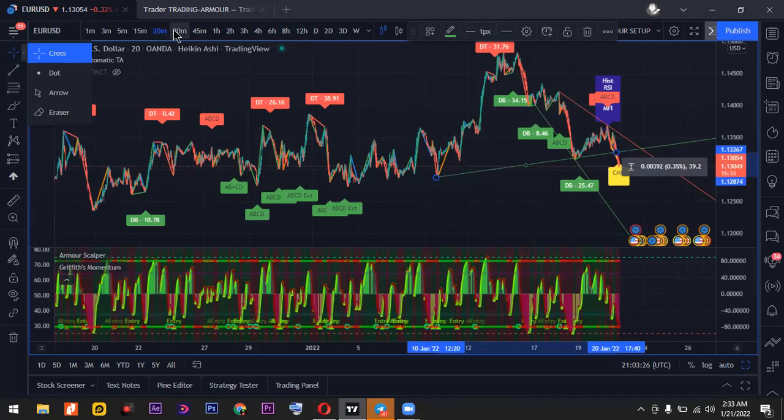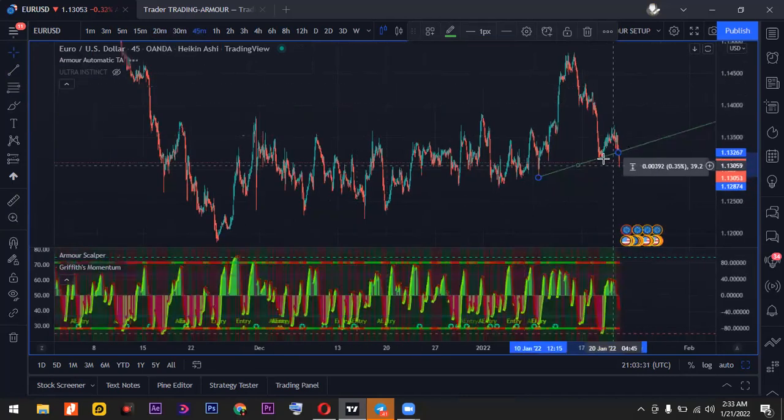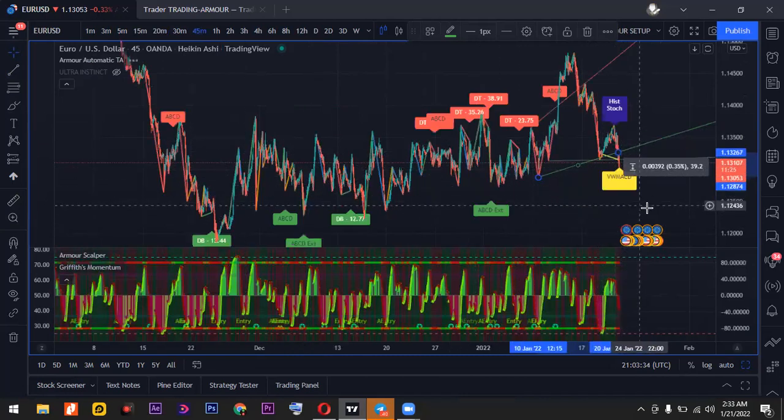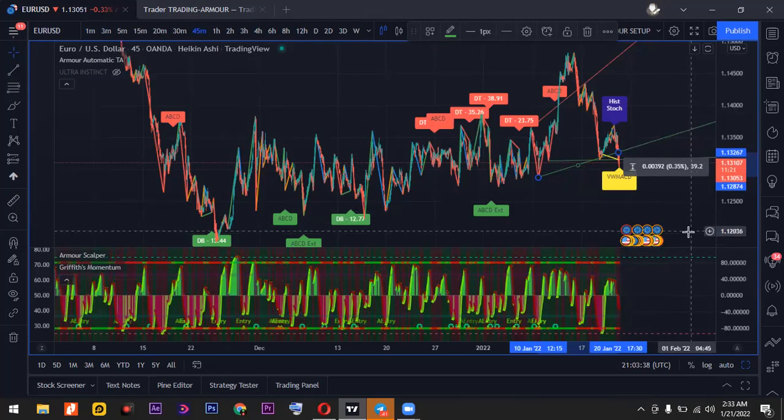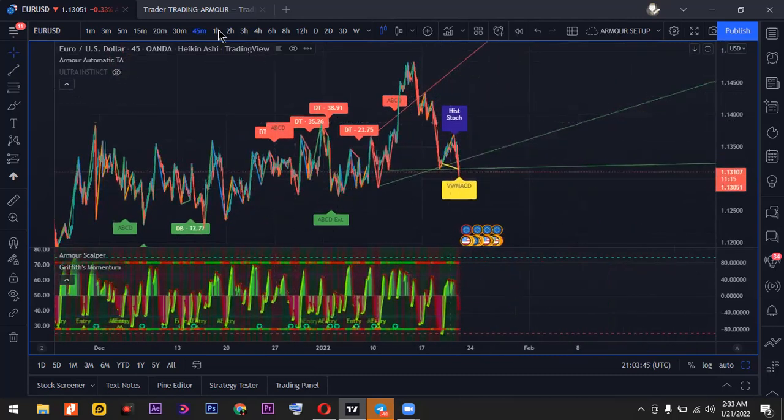So that's Euro USD. Let's move on to another time frame. Look, so that's my trend line, and it will break downside, maybe 1.12, somewhere there. So this is showing the rising channel.